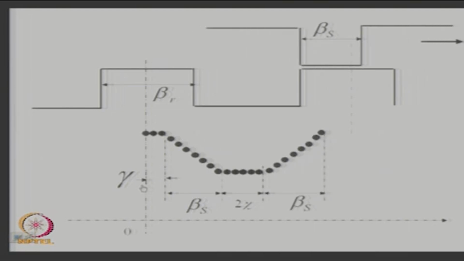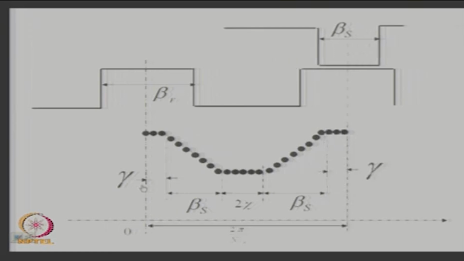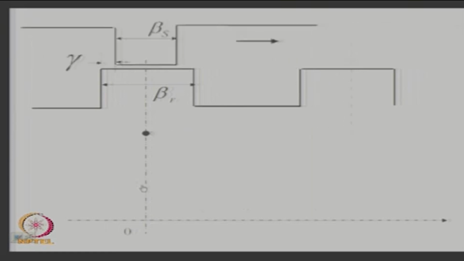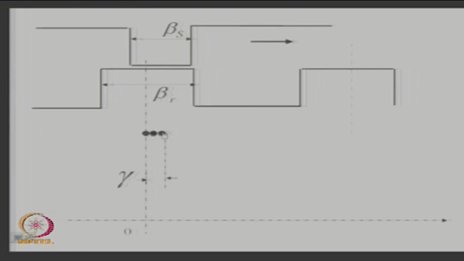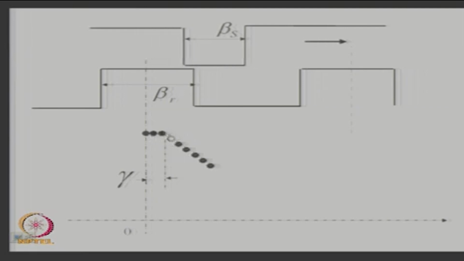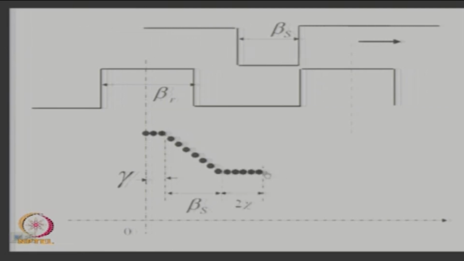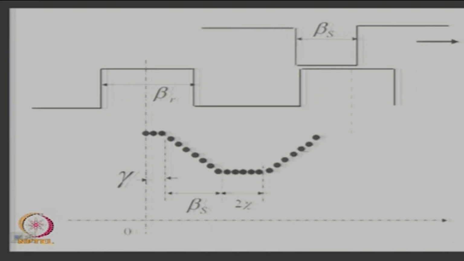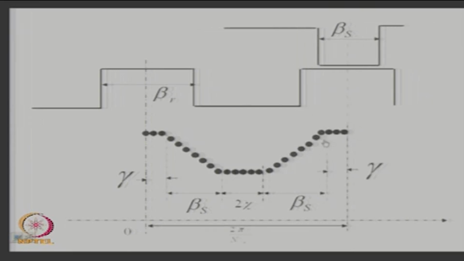In the aligned position you have the maximum, and then it continues. Then it has come to the minimum, and then it has a dwell here, and after it touches this point, again the reluctance will go on changing. So, you have a variation like this.